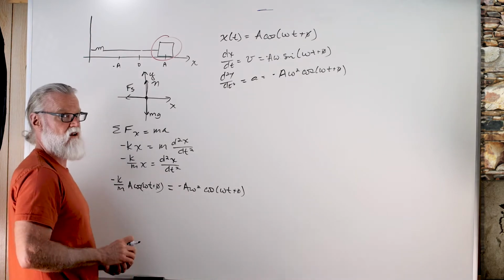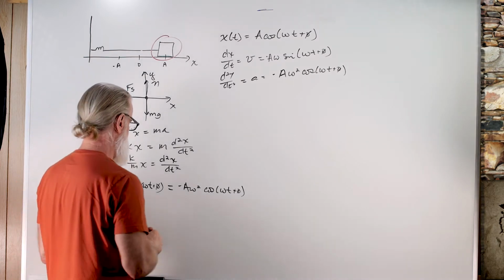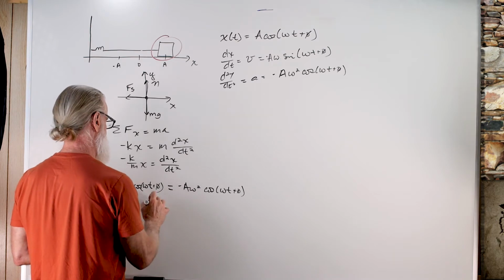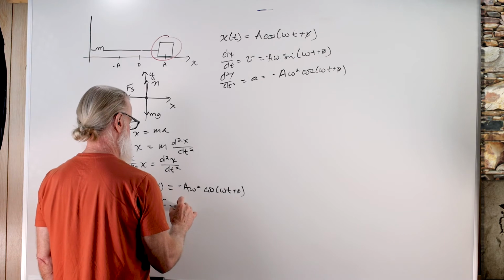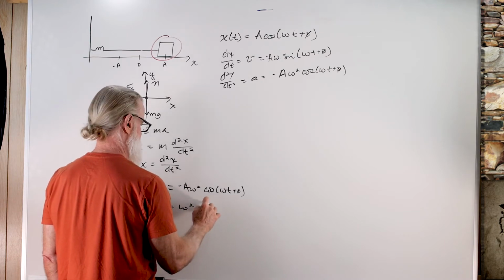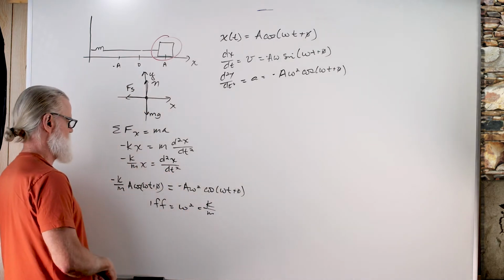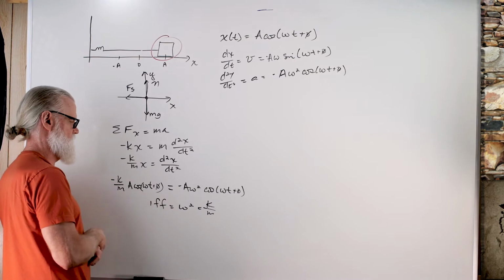Are they equal? Well, yes, under one condition. And hopefully you can see that condition, right? This is true if and only if omega squared equals k over m, because these two are the same if omega squared is k over m.